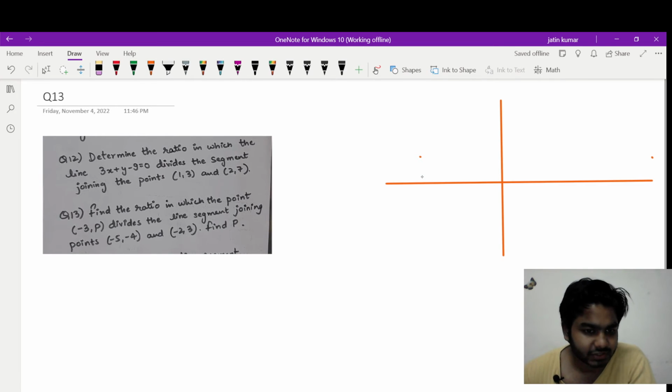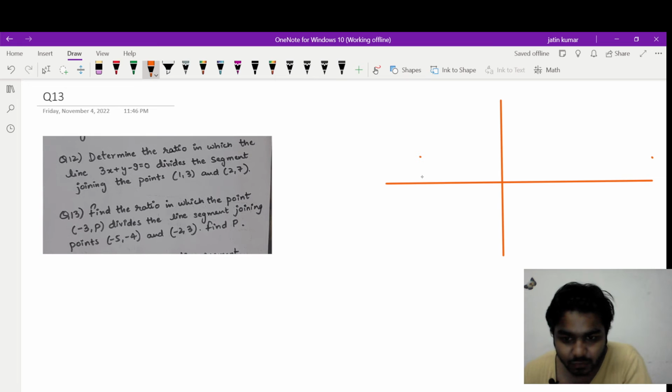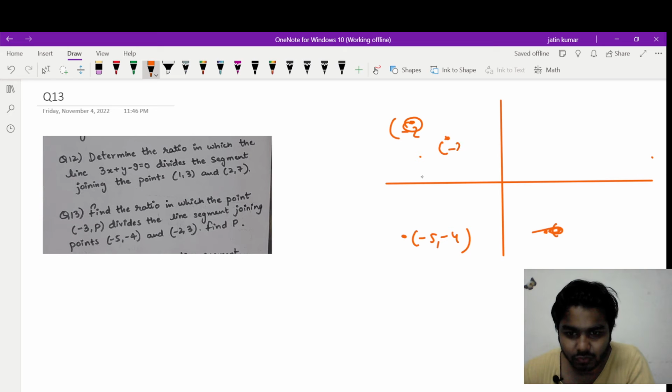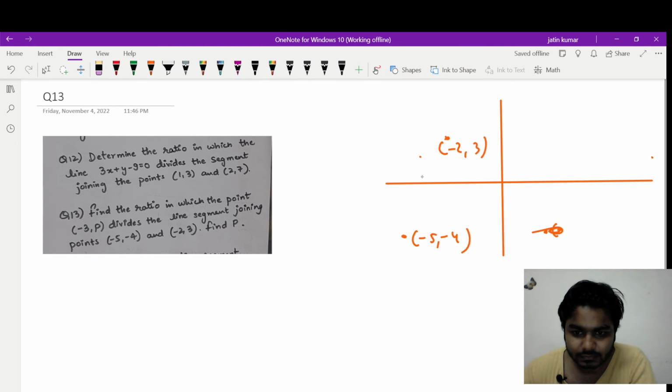So here is a Cartesian plane and we have 2 points, right? Minus 5 comma minus 4 will be somewhere here, and minus 2 comma 3 will be somewhere here. And there is a line joining these 2 points.